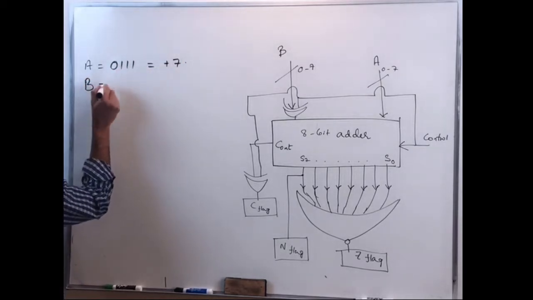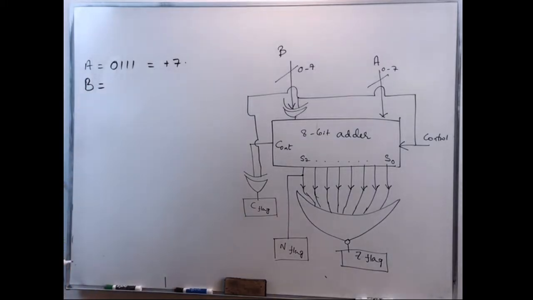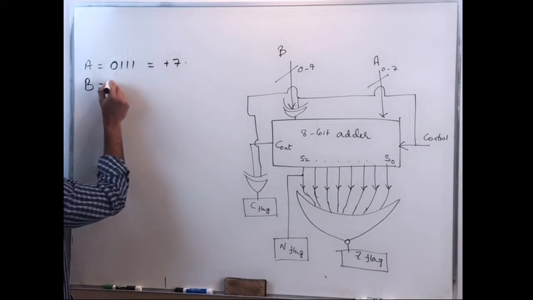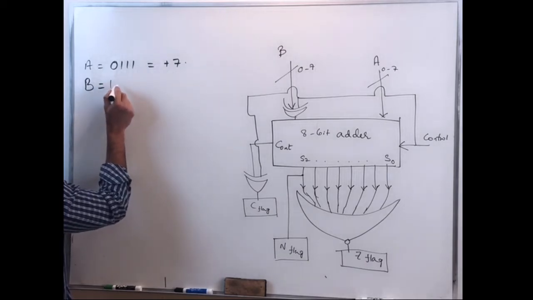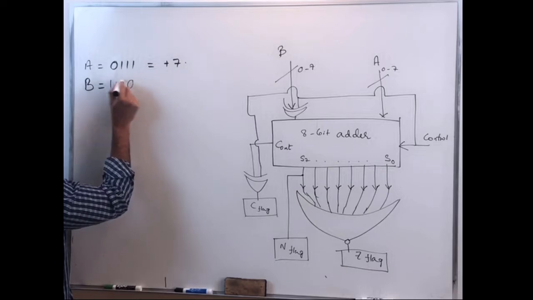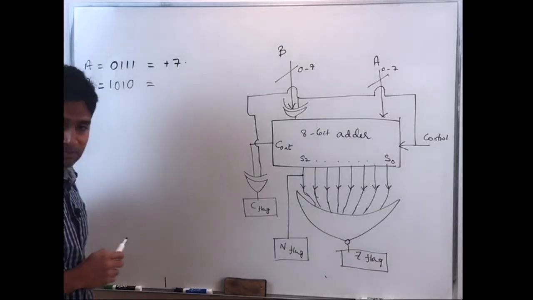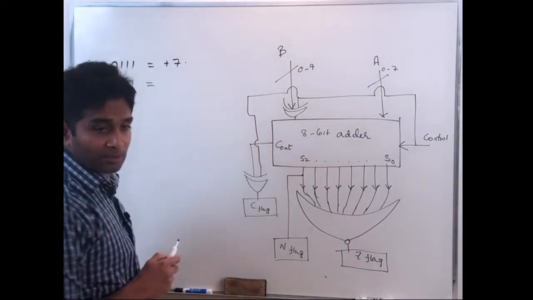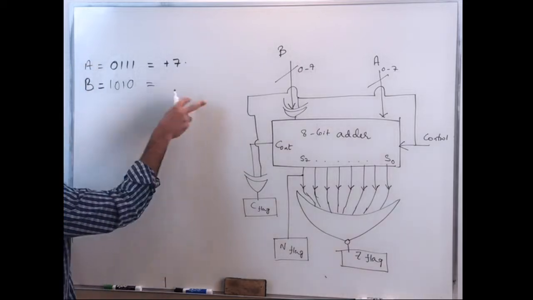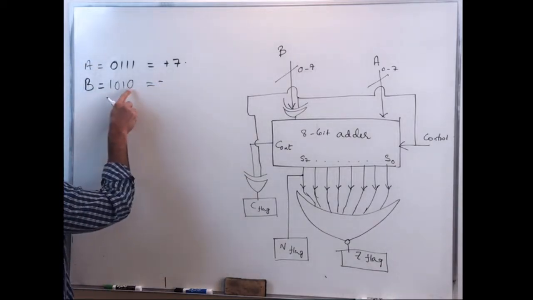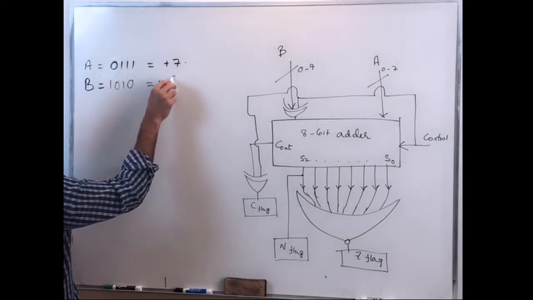Now B is 1010. A this time I've taken as +7, and B is 1010, which is a negative number, so that's negative 0, 1, 1, 0, which is -6.